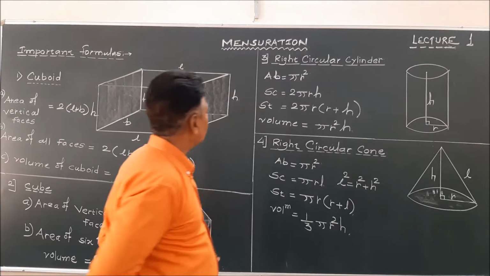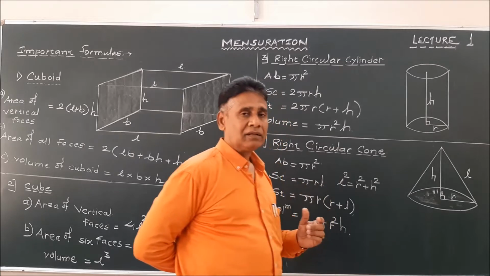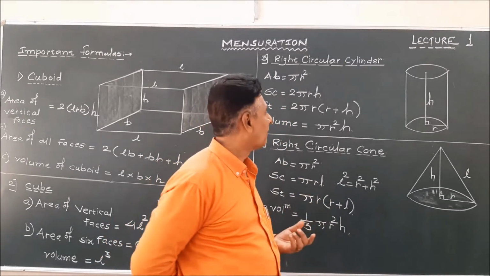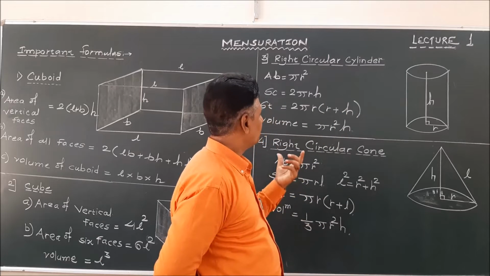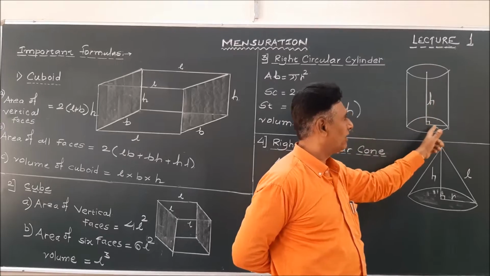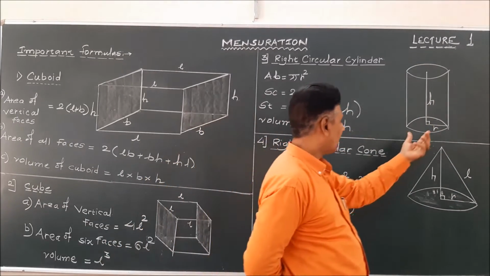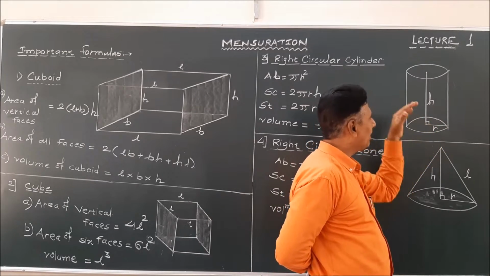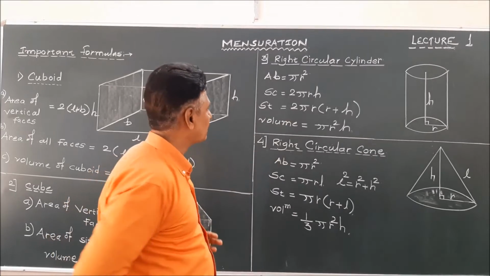Coming to the next figure, which is called the right circular cylinder. The name itself will speak for this figure: right circular. Right circular in the sense that the height is perpendicular to the base. The base has the radius r, because top and bottom are identical circles.